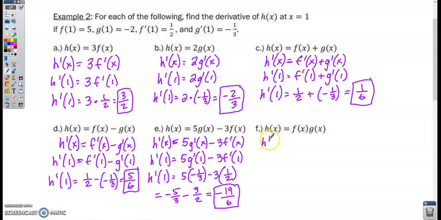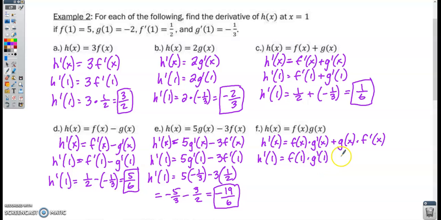Now in this one, we've got the product rule, so the derivative h prime of x is equal to f of x times g prime of x plus g of x times f prime of x. And so h prime of 1 is equal to f of 1 times g prime of 1 plus g of 1 times f prime of 1.